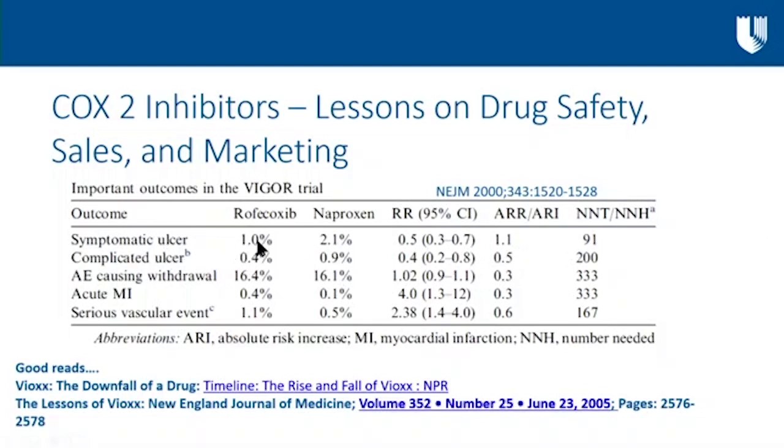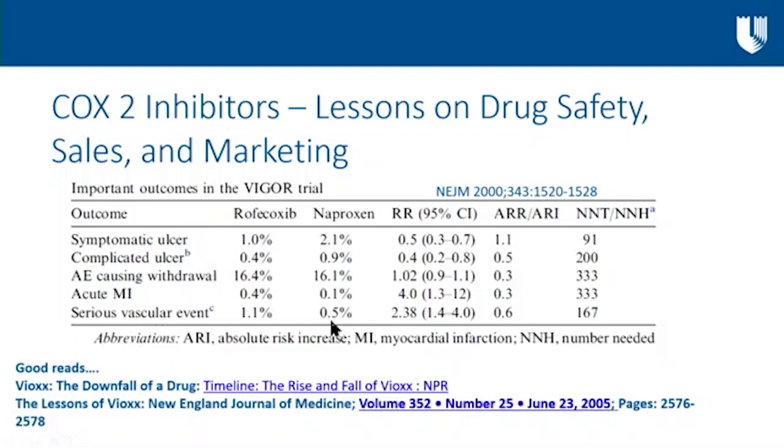Look at that, much less, 1% versus 2% in the rofecoxib group versus naproxen. That's awesome. Look at complicated ulcers. That's awesome. Look at that. It's fantastic. That is great. Awesome, wonderful, wonderful. But, oh no, we kind of found something different here, didn't we?